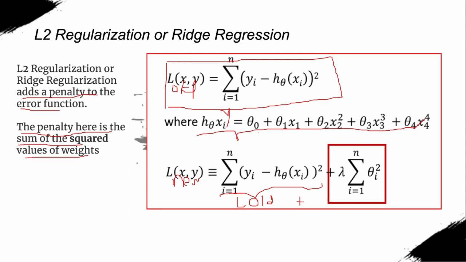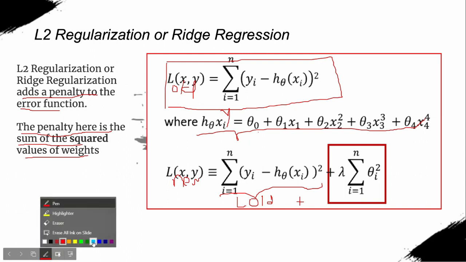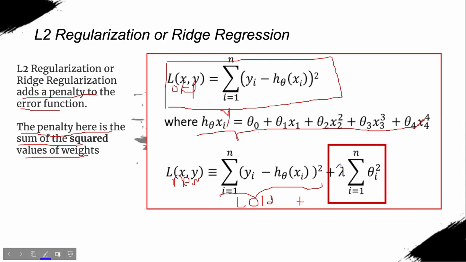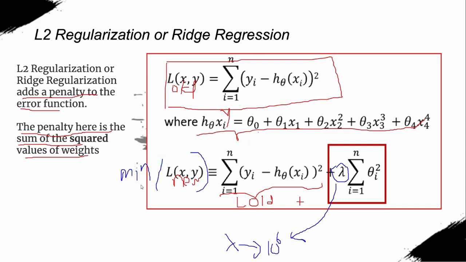And let me tell you the intuition behind this. For instance, if I take my lambda to be a very large value, lambda tends to some order of 10 to the power 6. And my goal in machine learning is to minimize this loss function, right?